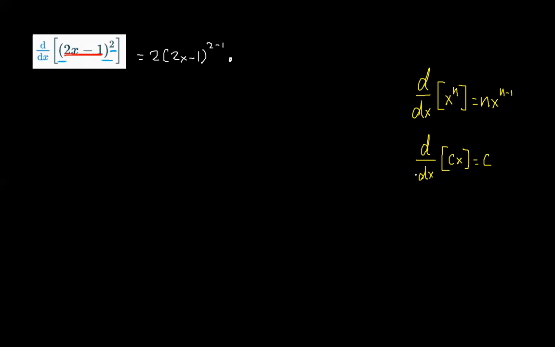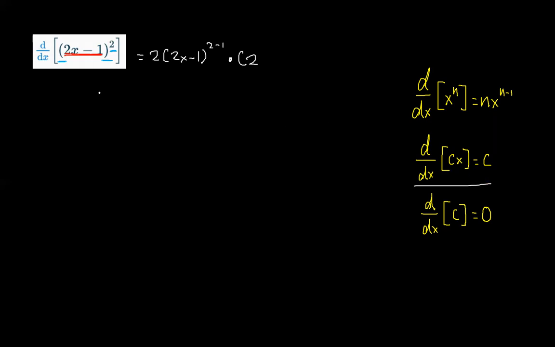Then for negative 1, we get the derivative of the constant term, which is equal to 0. So the derivative of 2x is just 2, according to this rule.